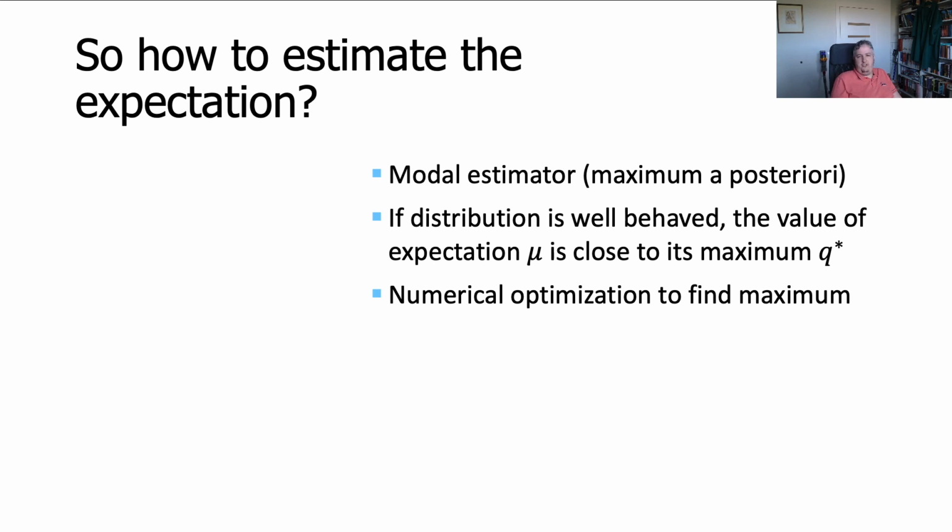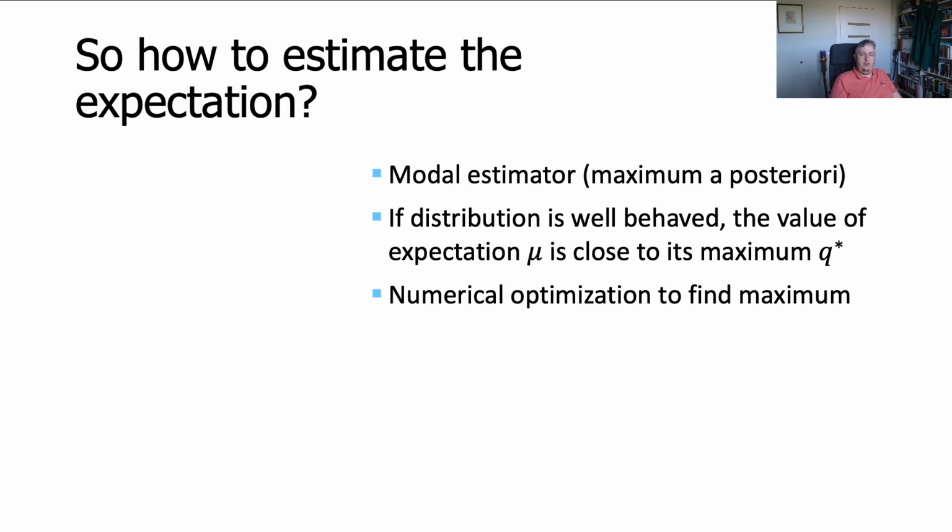That is finding the maximum, or maximum a posteriori, the maximum of the posterior probability density function, or mass function in the discrete case, and selecting this as an estimate of the expectation, which is not necessarily a bad idea, because this can work for many distributions that are central enough, since in many cases the expectation is close to the maximum. The best case is of course the normal distribution, where the maximum and the expectation are equal.